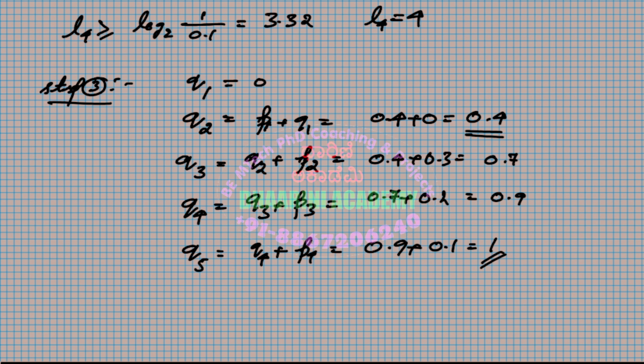Now, I want to represent each of these, Q2, Q3, Q4, Q5, right? I want to represent all the symbols in binary.